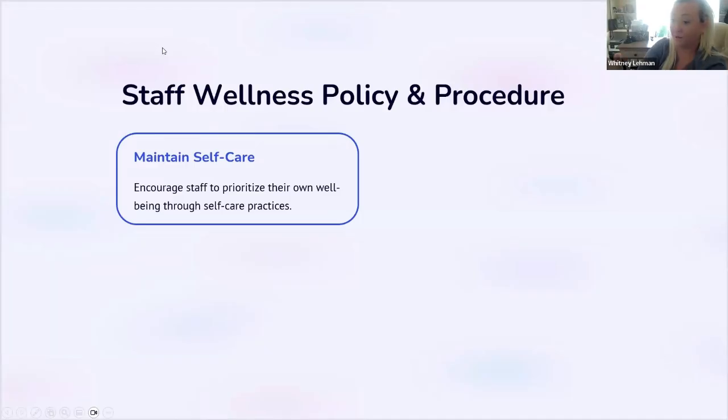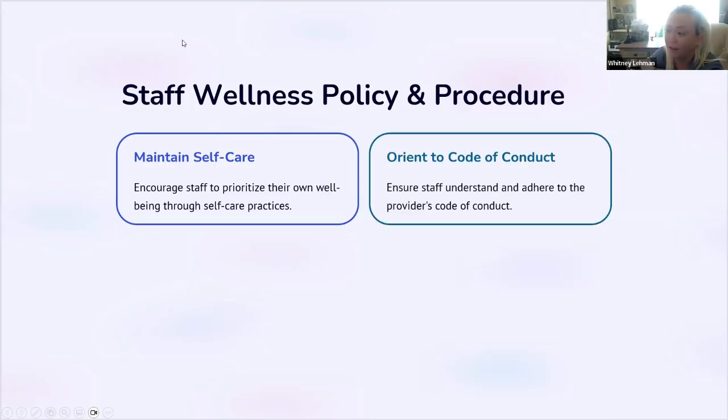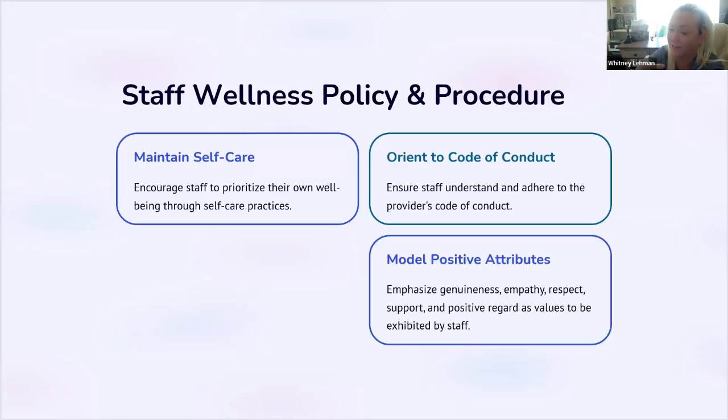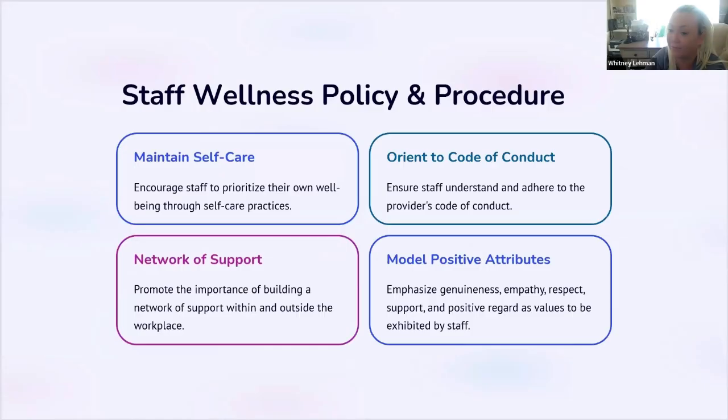So we want to make sure in the policy and procedure, we're encouraging staff to prioritize their own well-being through self-care practices. We ensure staff understand and adhere to our internal code of conduct. We emphasize genuineness, empathy, respect, and support and positive regard as values to be exhibited by our staff. And we promote the importance of building a network of support within and outside the workplace.